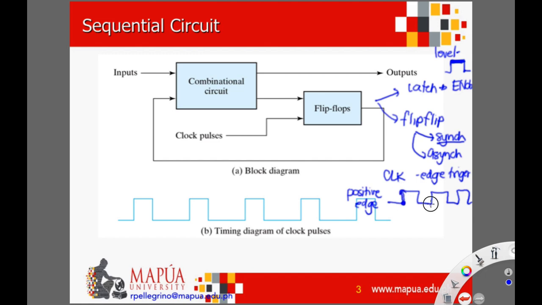So there will only be change if your clock signal goes from low to high.